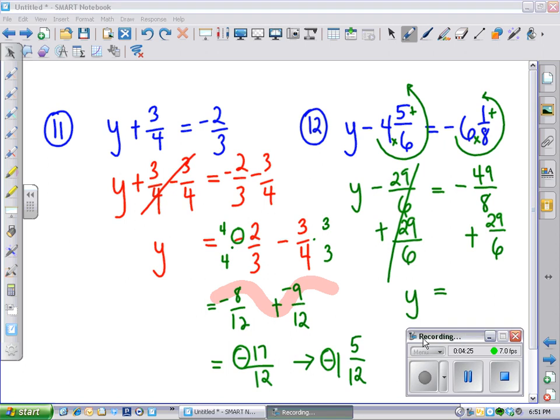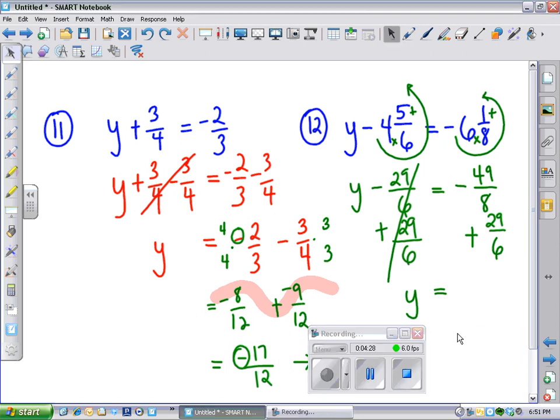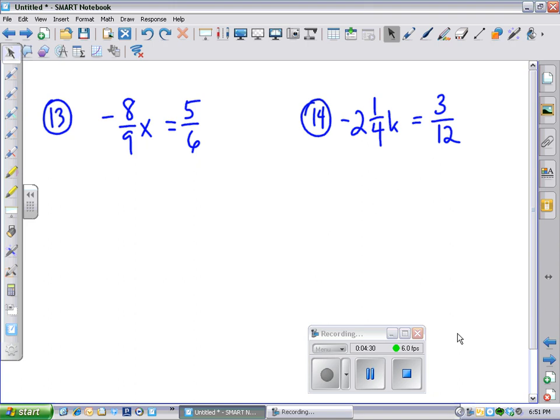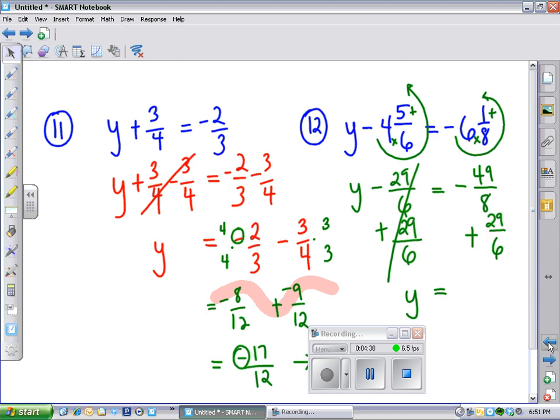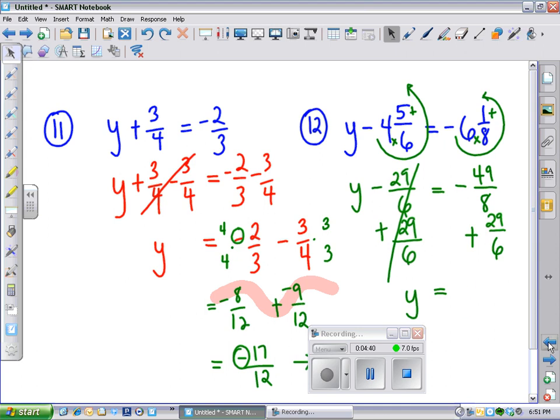On the right-hand side of the equation, we have to deal with this -49 over 8 plus 29/6.